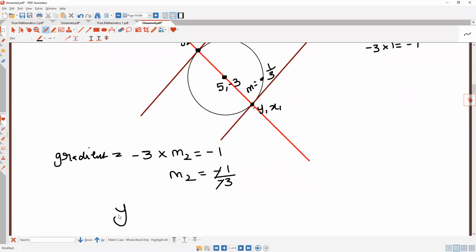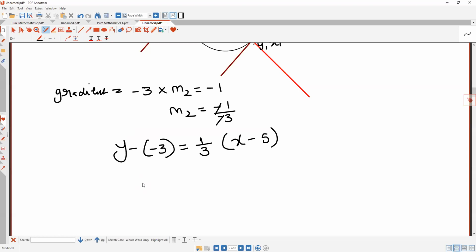How do you find the equation of this line? y minus y1 is equal to m, which is 1/3, times x minus x1. What's your x1 over here? 5. Keep it like that only. y + 3 = 1/3 x - 5/3. So this is your equation.